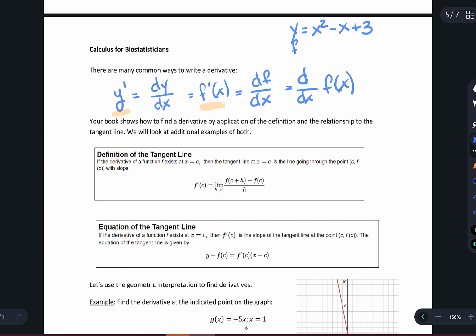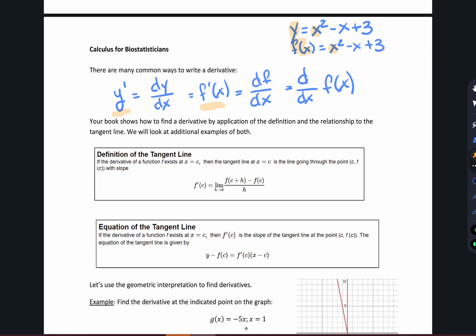Notice this is the same thing as f of x is equal to x squared minus x plus 3. So for this expression, notice that everything on the left, we would call the dependent, and x is the independent for both of these. So the prime notation looks at what could potentially be on the left and puts a prime next to it to denote that it is a derivative.